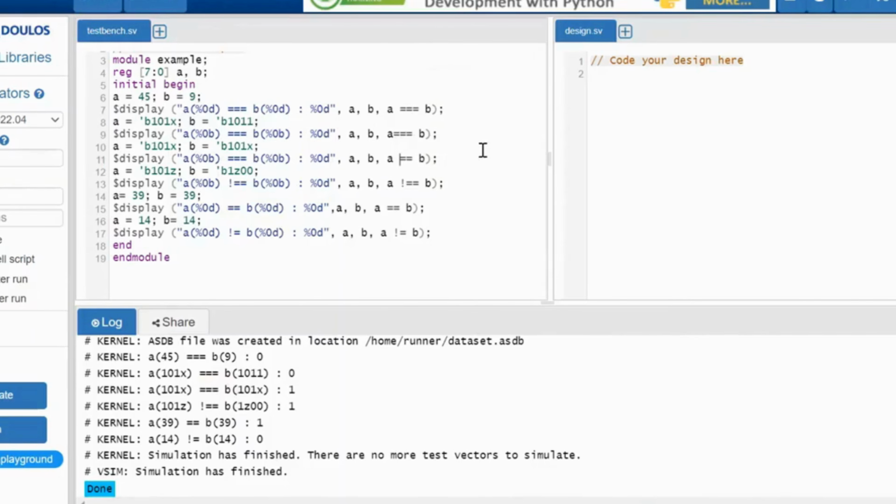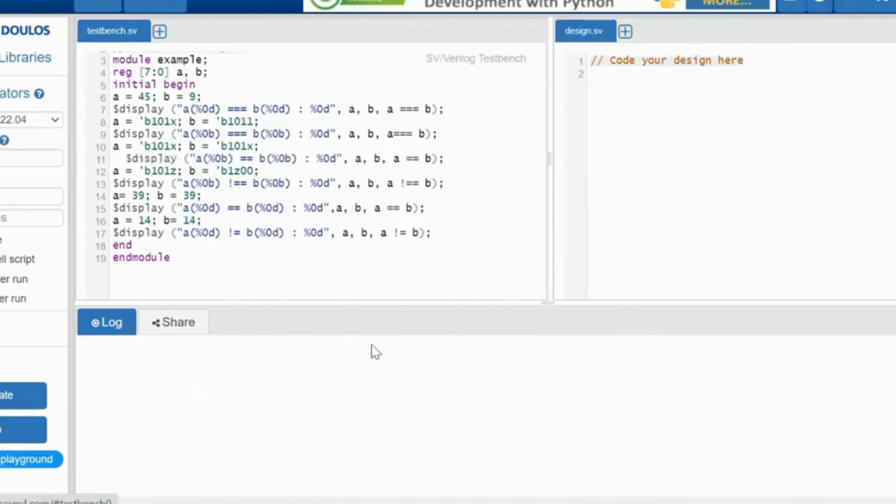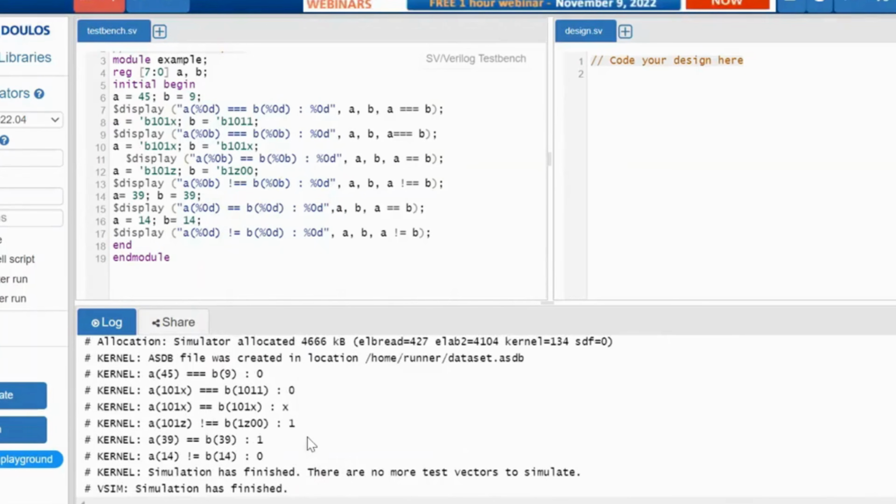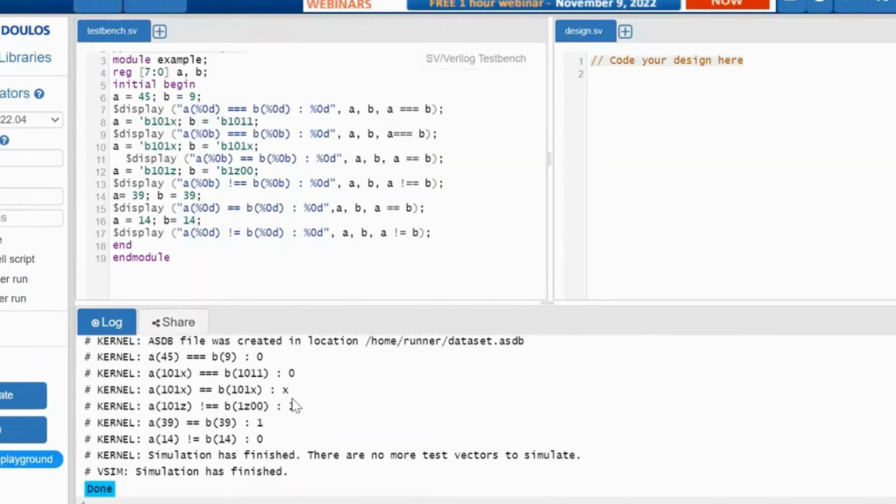We'll see what happens if we put double equal to for that case. Okay, see, we got output as X because double equal to is not used to check for unknown values or high impedance values. That's why we got the output as X. That is the main difference between the equality and not-equality operators.